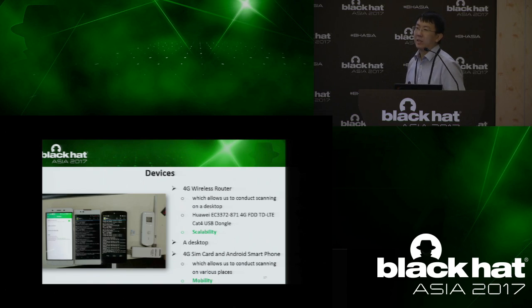So first is the scanner setup. Basically, we use two types of devices. The first type is, I would say, a 4G wireless router-based desktop. We insert a 4G wireless router into the desktop, and it turns the desktop into something like a mobile device, which means the desktop will join the 3G, 4G intranet.